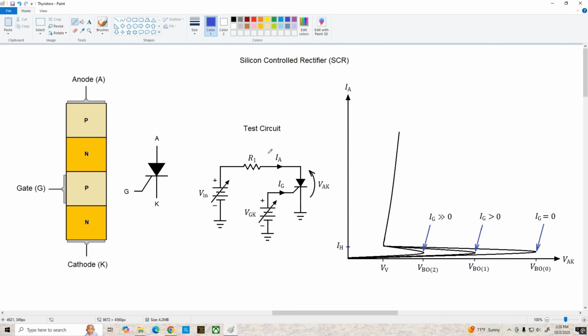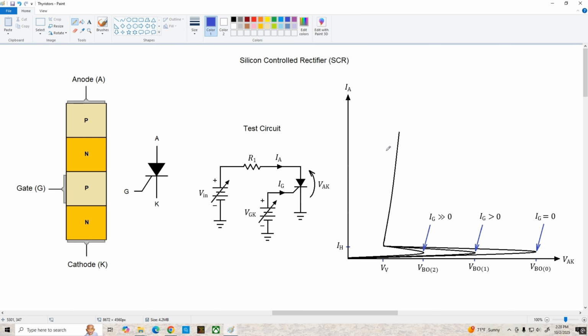Now here's the test circuit we'd use to generate the family of curves for this SCR. We start with Vin set to 0, VGK set to 0, and then we'd increase Vin and generate this bottom curve. We'd get breakover here at VBO 0, that is the breakover with 0 gate current, and then the SCR latches on and we're on to this low impedance mode of operation.